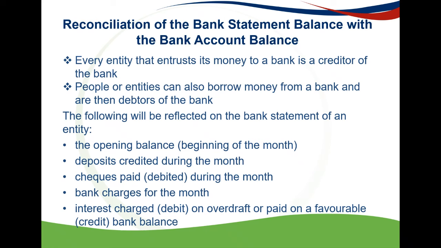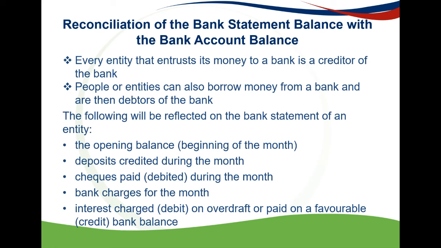So when we talk about the bank statement, because the bank statement is prepared by the bank where you bank, that is basically a view of your account in their books. So when you receive the bank statement, if the balance is the same as in your books, it's going to be a direct opposite of yours.